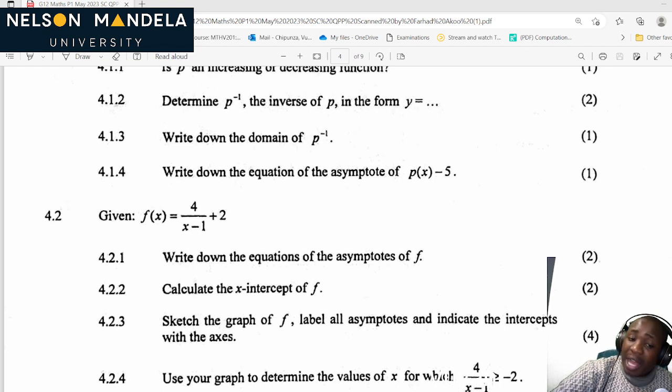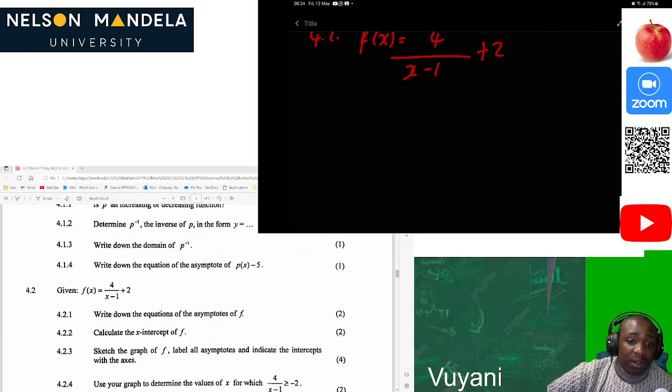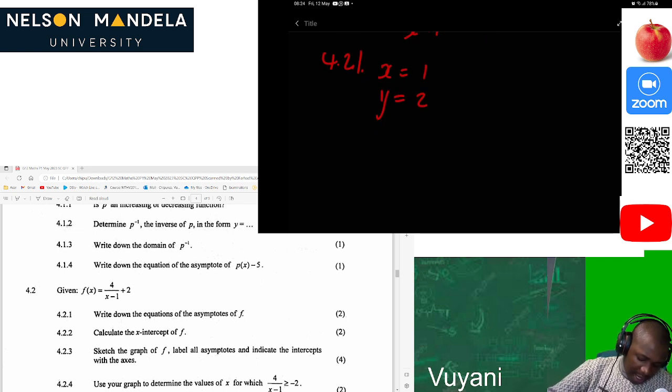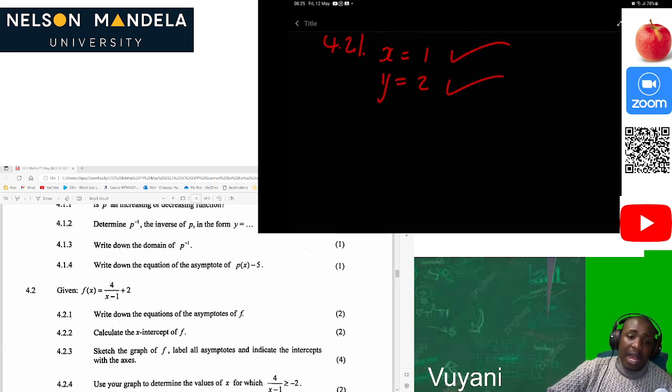By now we know that a hyperbola has a vertical and a horizontal asymptote, so we can solve this fast. For 4.2.1, write down the equation of the asymptotes of f. Of course, x is equal to 1 and y is equal to 2. This one is the vertical asymptote and this one is the horizontal asymptote.